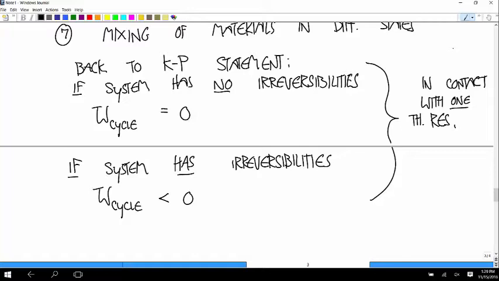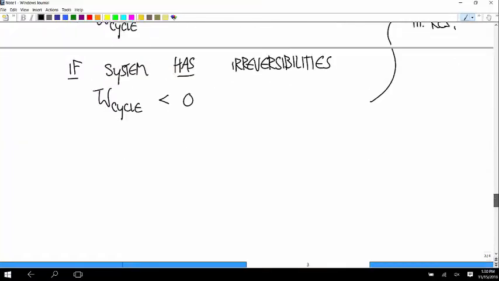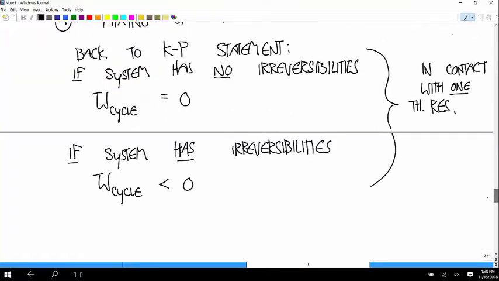Okay, now this idea is part of the mathematical proofs, so we're going to talk about theoretical limits on the performance of these 3 types of cycles. This is at the heart of figuring out the theoretical limits of performance, in contact with one thermal reservoir.